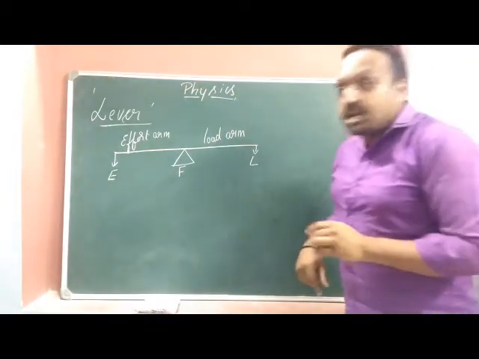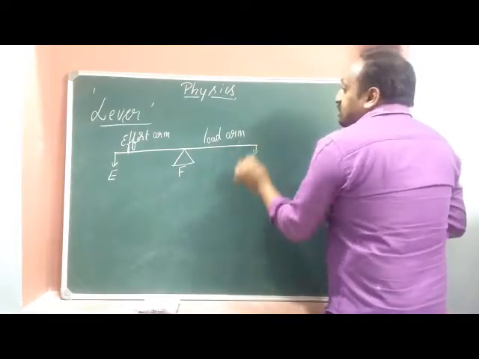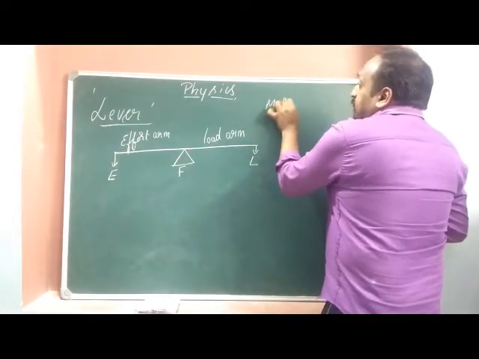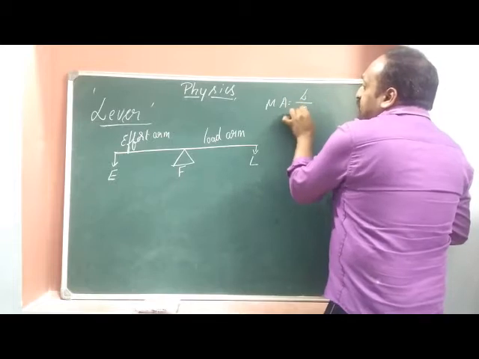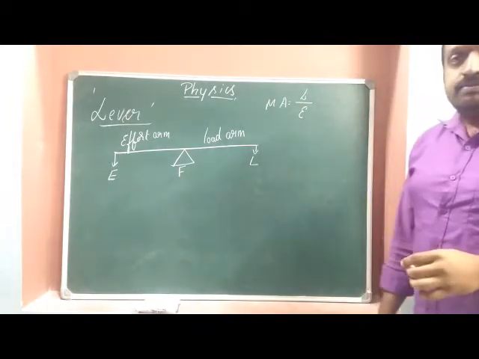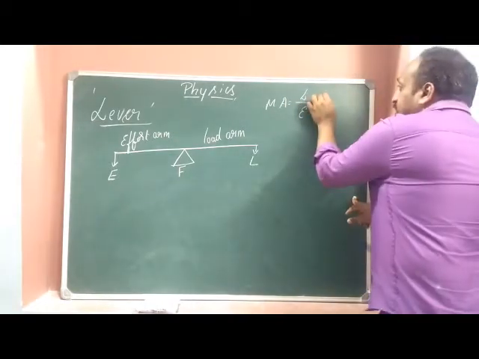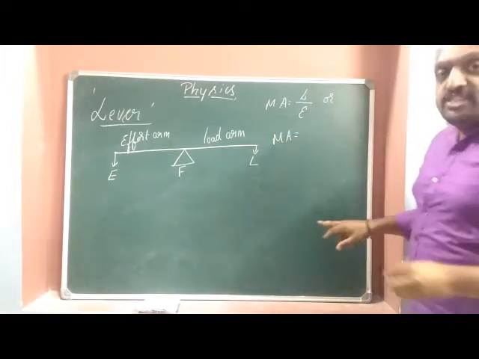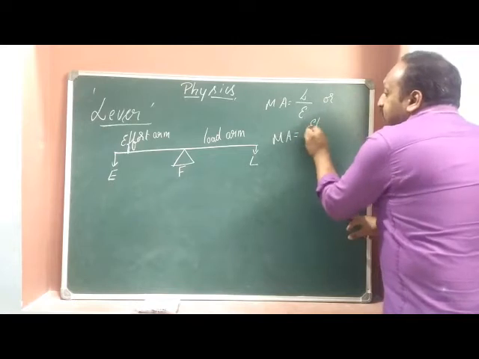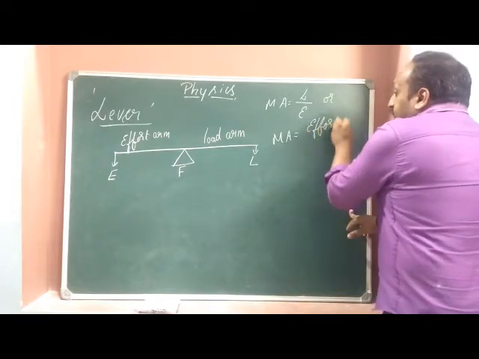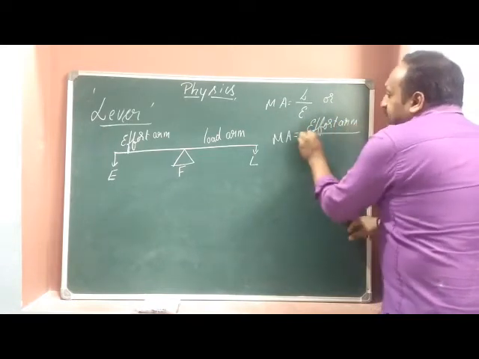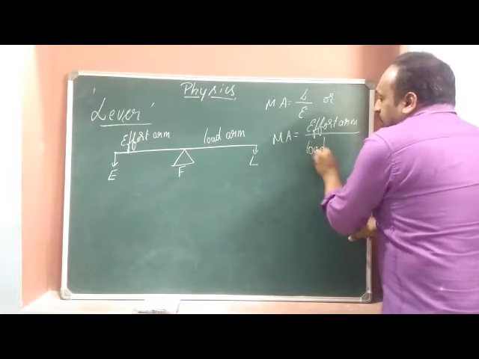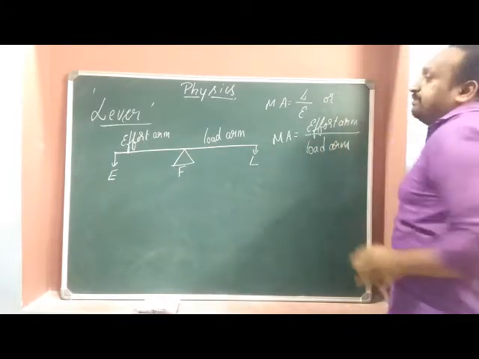So what is the mechanical advantage? I said very clearly, mechanical advantage is equal to load divided by effort, or mechanical advantage is equal to effort arm divided by load arm.